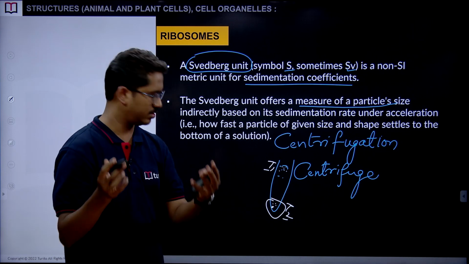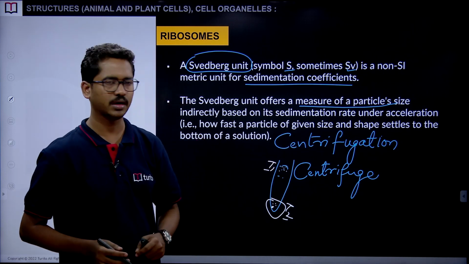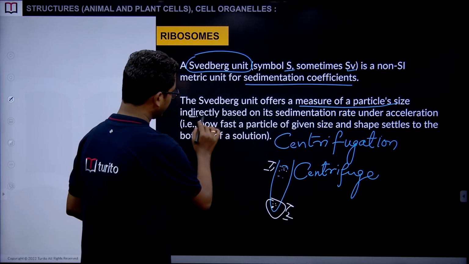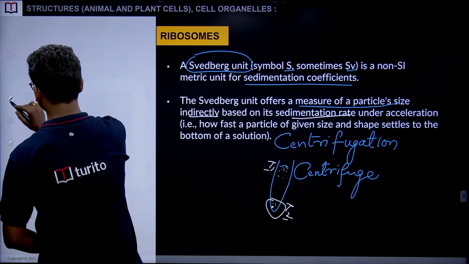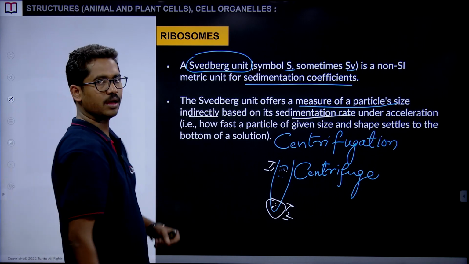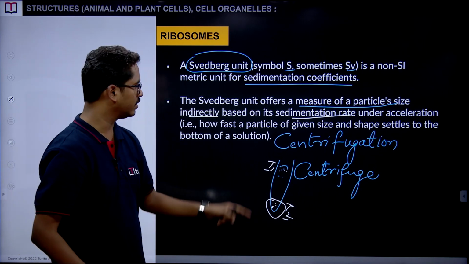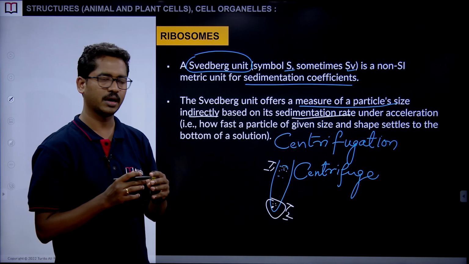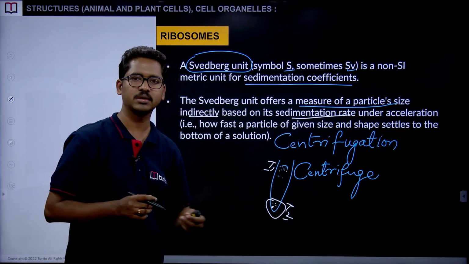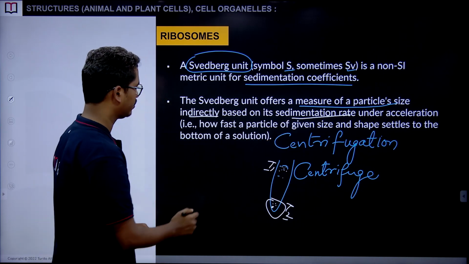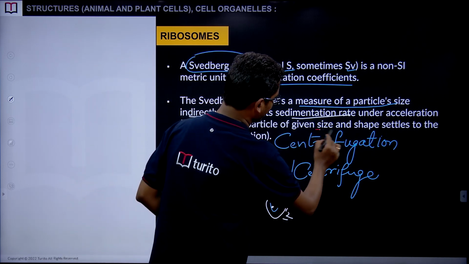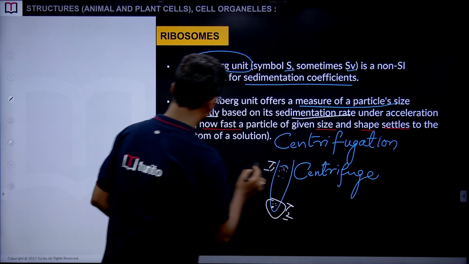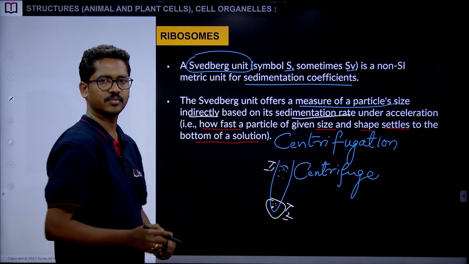Using that technology, that is centrifugation, indirectly based on its sedimentation rate, that means how quickly a particular particle under some kind of acceleration settles down at the bottom. You see how fast a particle of given size and shape settles to the bottom of a solution.